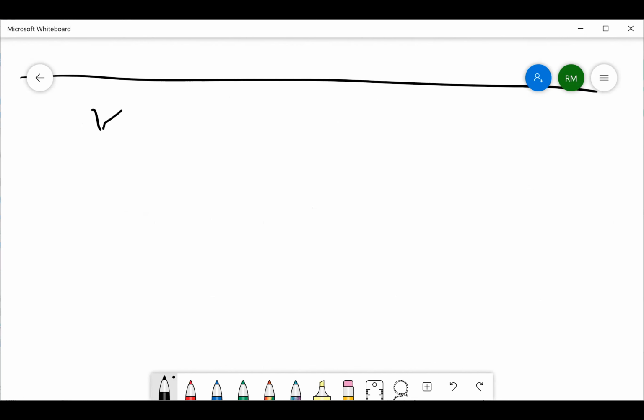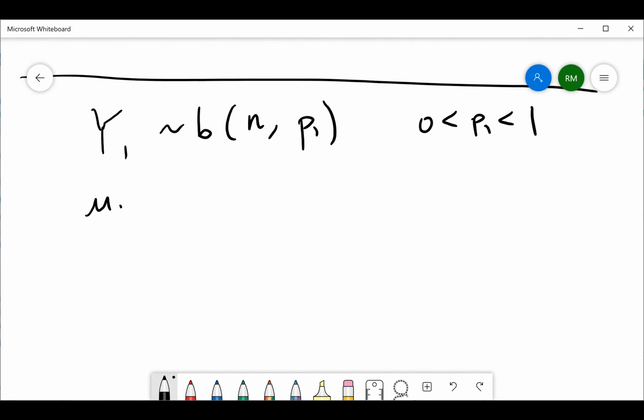Let's suppose that I have a random variable y1 that has a binomial distribution with n trials and probability of success p1, where the probability of success is between 0 and 1. We know that the mean of y1 is just n times p1, and the variance of this variable is n times p1 times 1 minus p1.